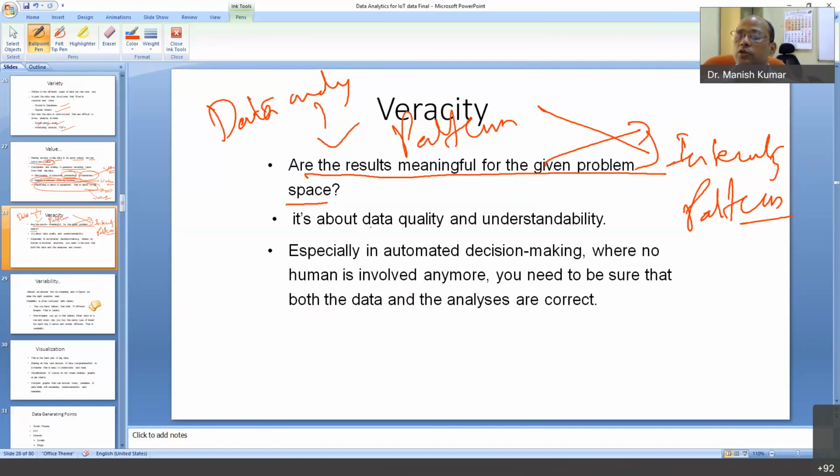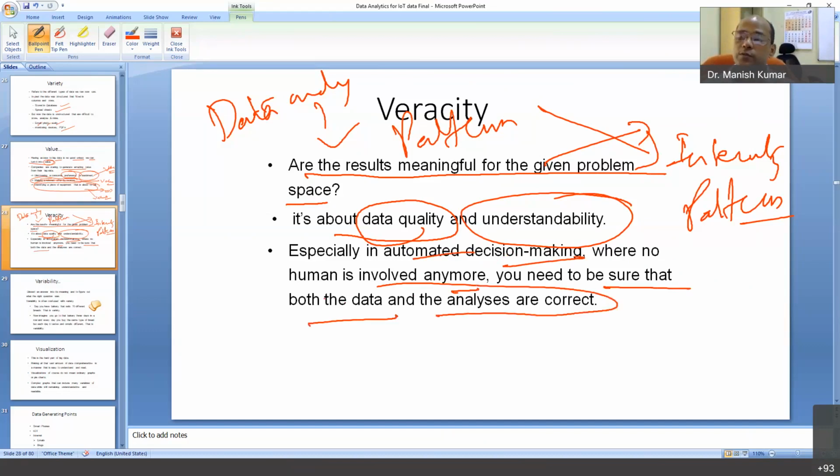So we always look for data quality and understandability of the things. Especially in automated decision making, where no humans are involved anymore, you need to be sure that both the data and the analysis are correct. Otherwise, it may create problems in the system and the system might lead to an inconsistent state.